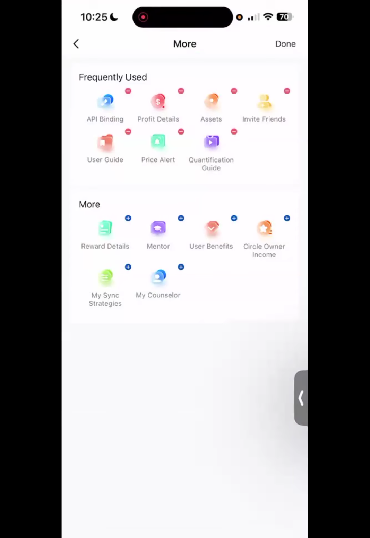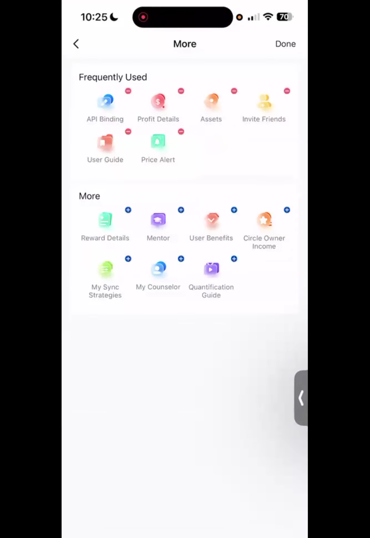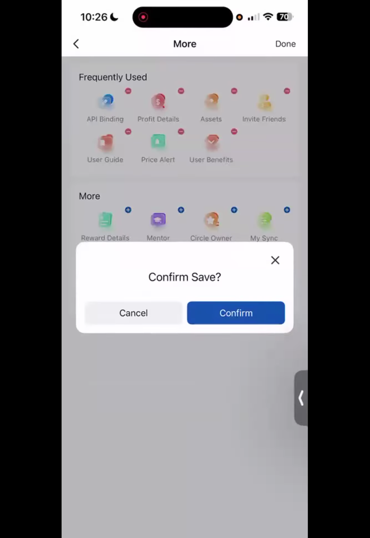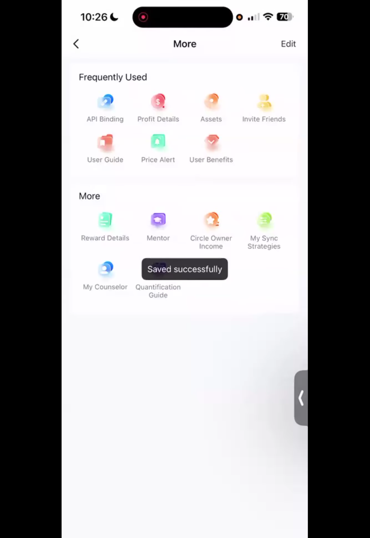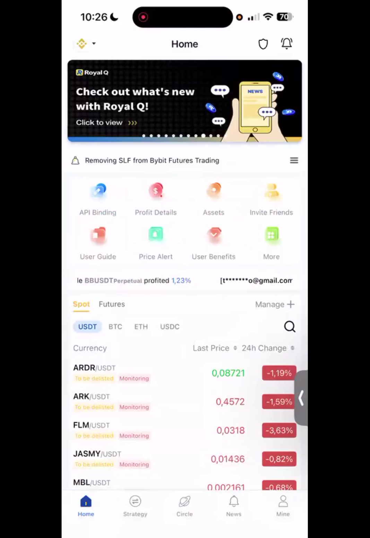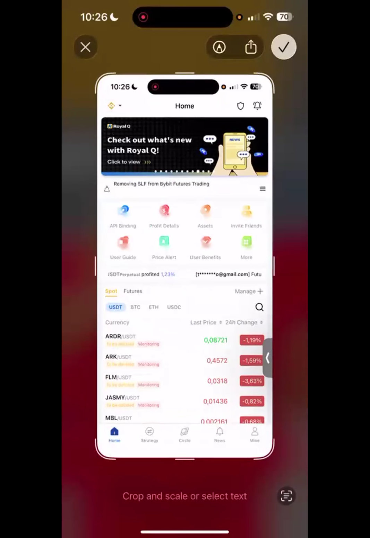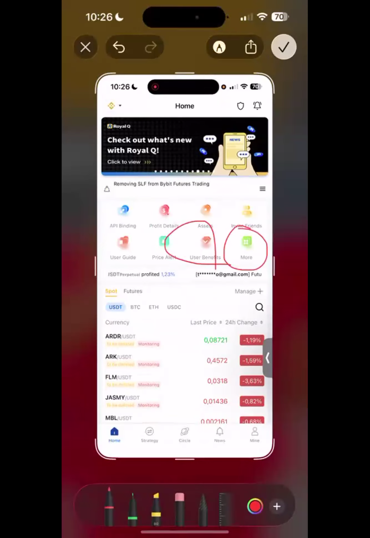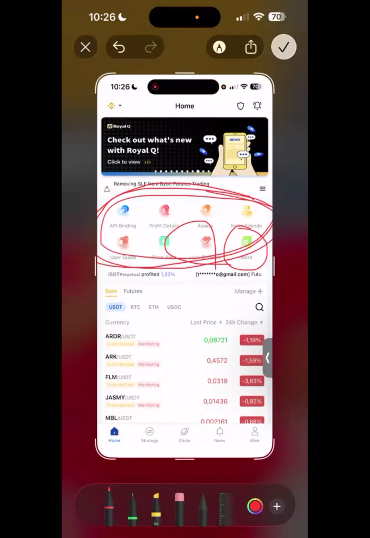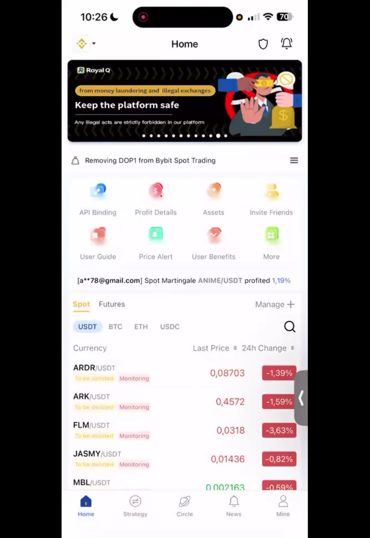So let's practice. I minus quantification guide, then I add user benefit, then I tap on done. I confirm to save. Then it's here in my shortcuts. I don't have to tap on more to look for something. The features I use frequently are here, within my fingertips, okay? All right.